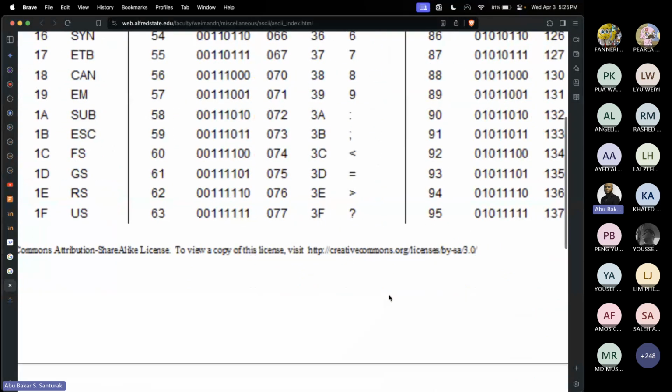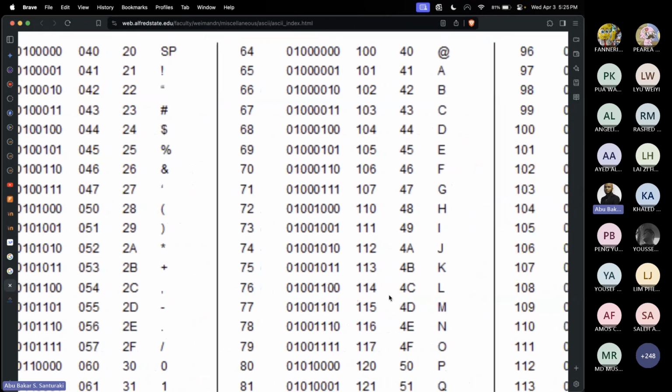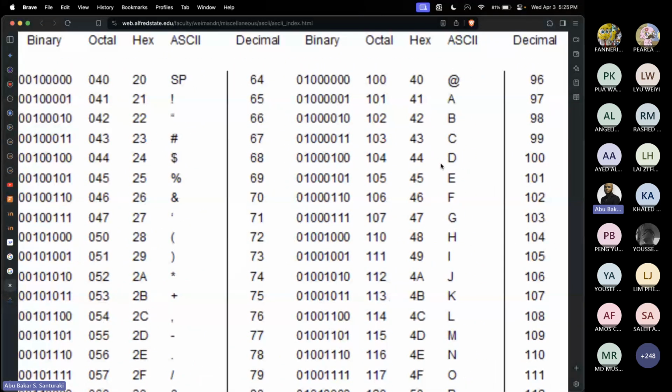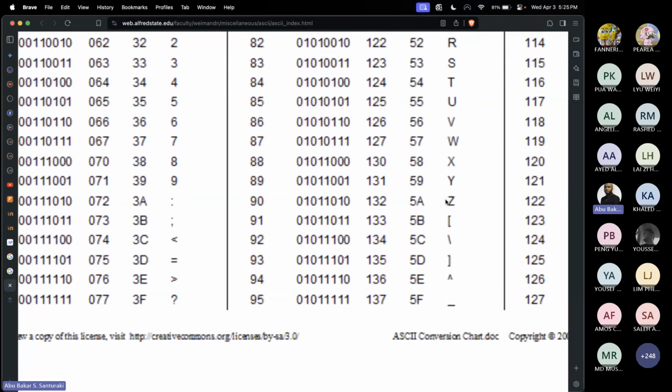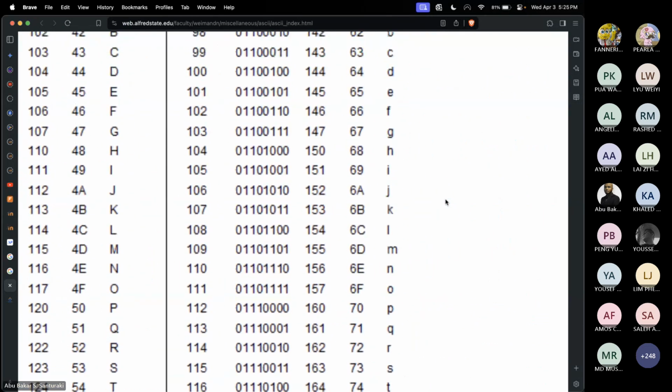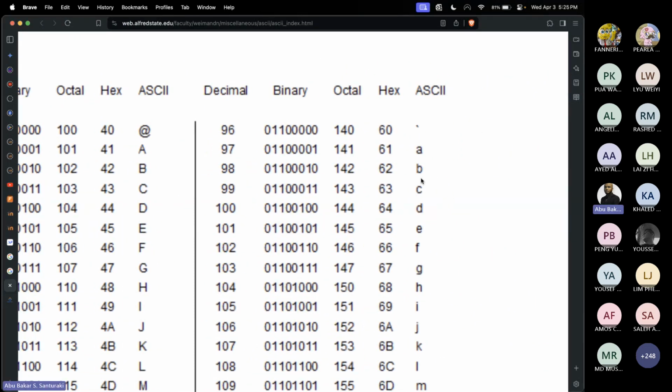Then you can see a bunch of other special characters, and then you're going to see something strange. Here, you can see we have capital letters, capital alphabets, A, B, C, D, all the way to Z. But when we continue, we have the alphabets again, but in small letters. Because these zeros and ones are not representing the alphabets per se, they are representing the symbol that the alphabet represents.